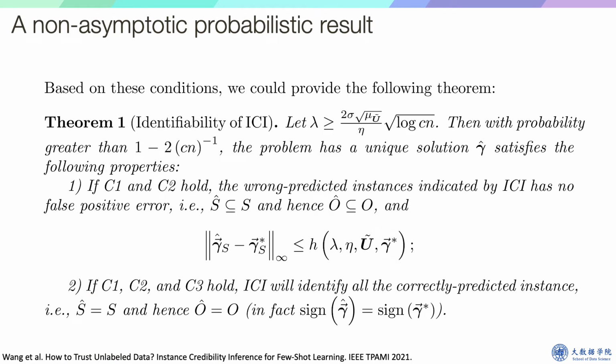With these conditions, we can get the following theorem. That is, if we have large lambda and we have C1 and C2, then the noise set identified by ICI is a subset of the ground-truth noise set. If further we have C3, ICI will identify all the noisy data.